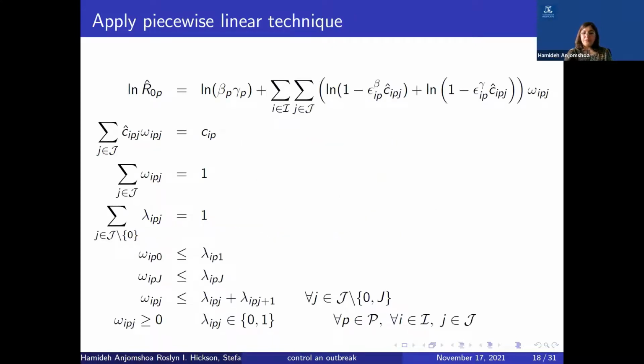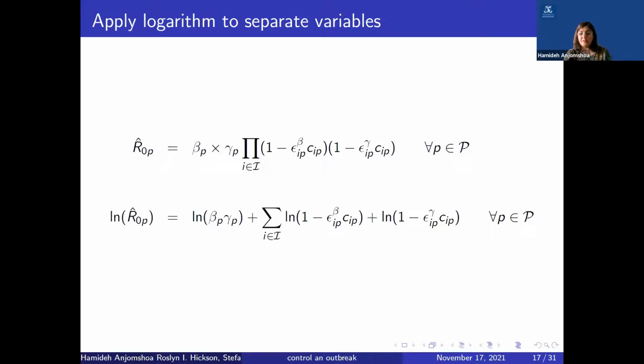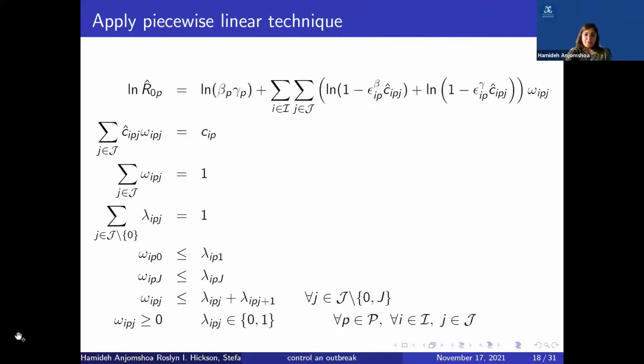But if we look at this, we still have ln, so now we separate. Let me remind you, in order to apply the piecewise linear technique, first our equations should be separable, and second, we apply one binary variable. This is a standard piecewise linear.